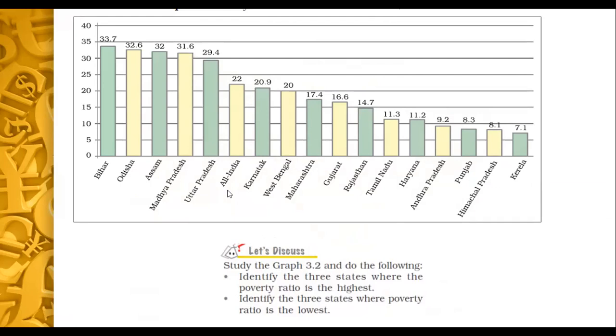Along with rural poverty, urban poverty is also very high in Orissa, Madhya Pradesh, Bihar, and Uttar Pradesh. In comparison to these, there has been a significant decline in poverty in Kerala, Jammu and Kashmir, Andhra Pradesh, Tamil Nadu, Gujarat, and West Bengal.